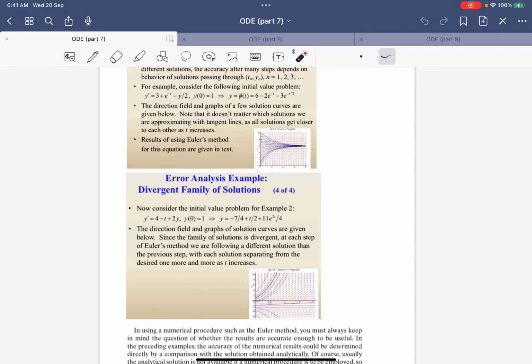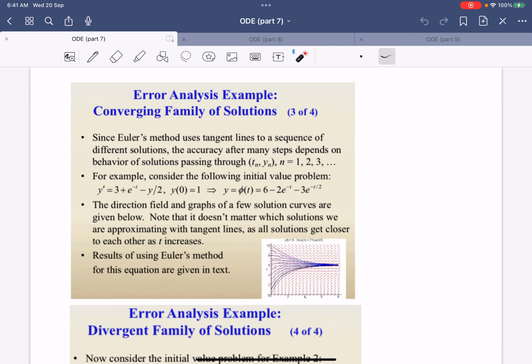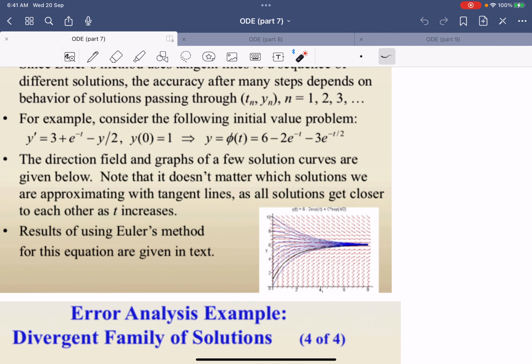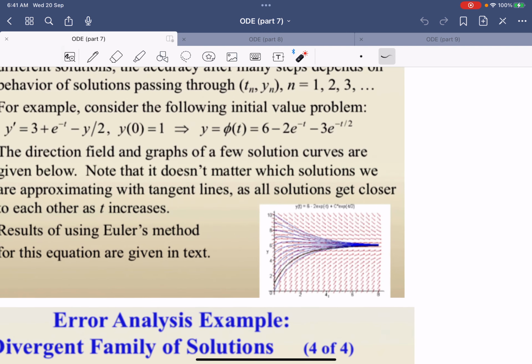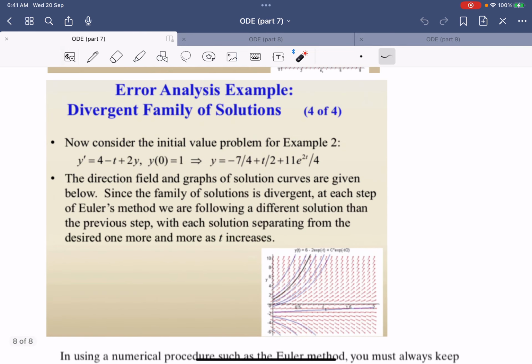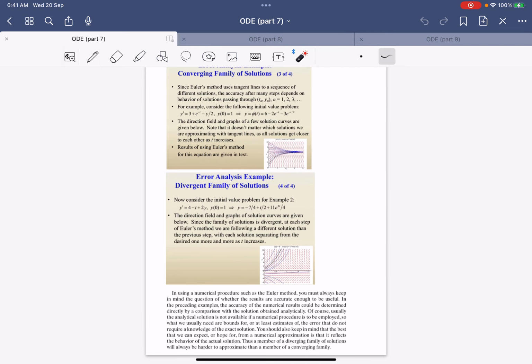That's why if our solutions converge, in the sense that they all go in the same direction, then there's not really this problem to begin with, because all our solutions get closer to each other as t increases. But if you have a divergent family of solutions, this is where the problem comes in.